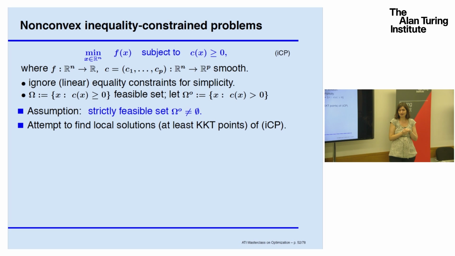In d dimensions, this is not necessarily a simple question. This is a combinatorial question. You want to find which ones hold as equalities out of a bunch of inequalities. So in principle, you would have to try all combinations. So this is what makes inequality problems hard.